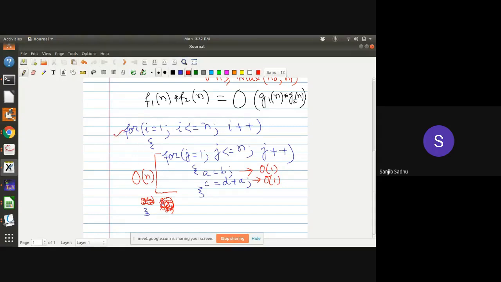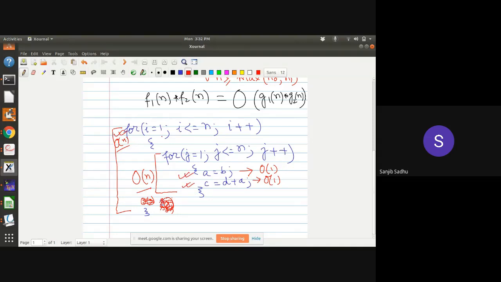Now this loop executes how many times? This outer for loop, big O of n. So if I ask you the total time complexity, it will be these into this. You know already how many times these statements will be executed. If I ask you, this statement will be executed how many times? n square.